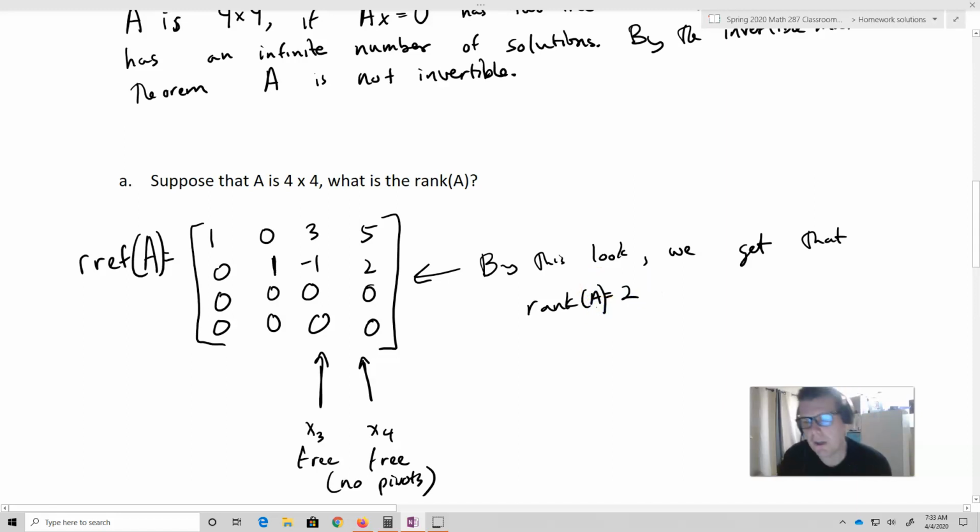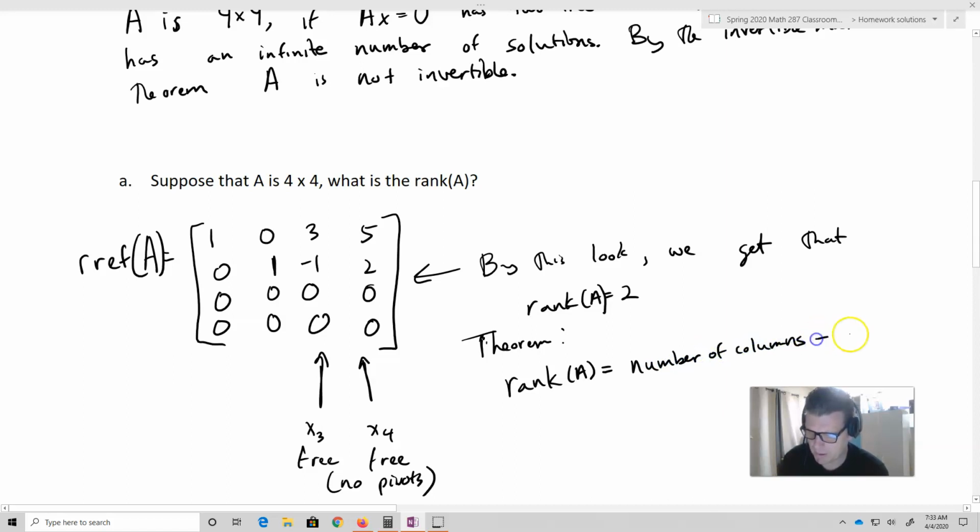Now, there's also a theorem in your book. It says basically this: the rank of A equals the number of columns minus the number of free variables. Which makes sense, right?